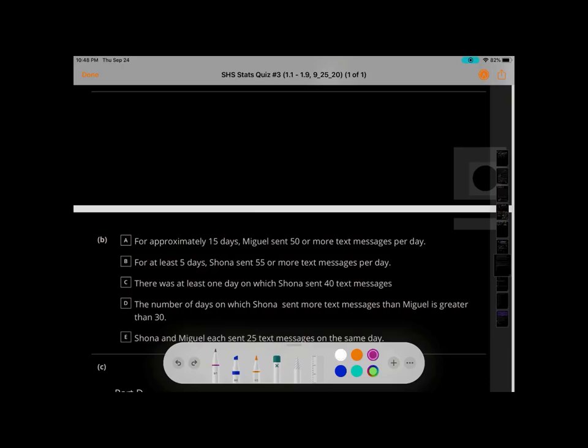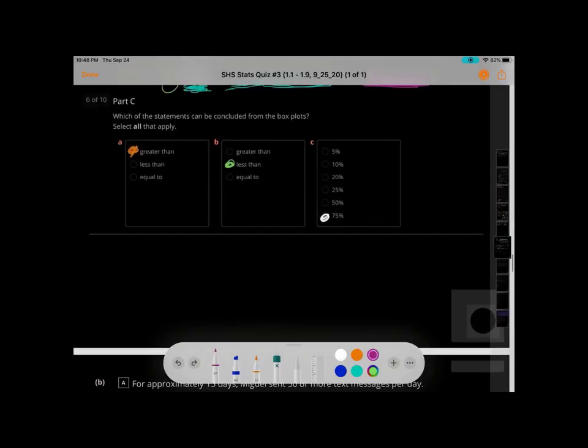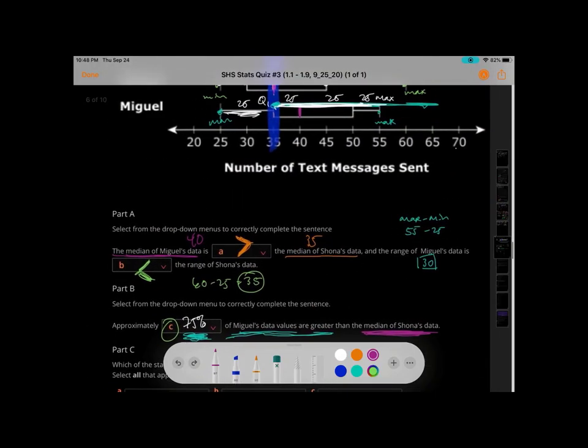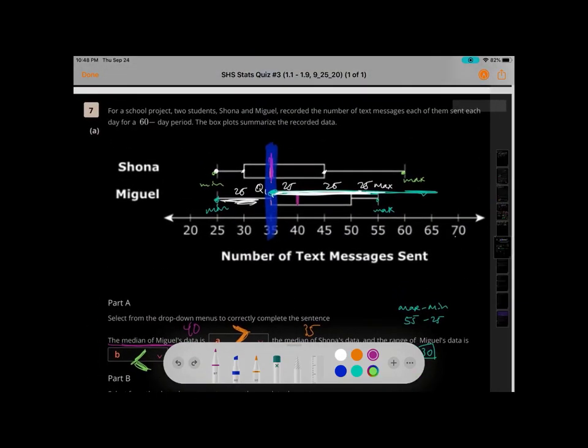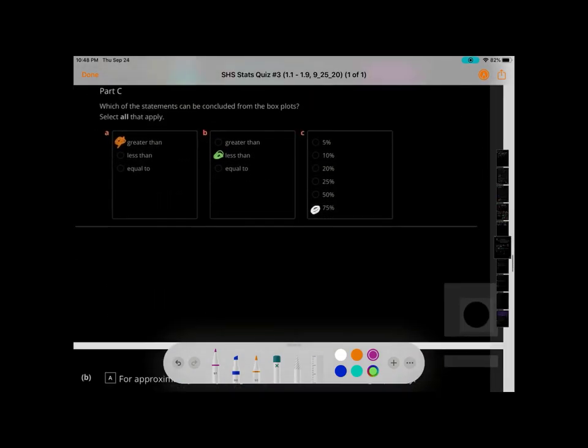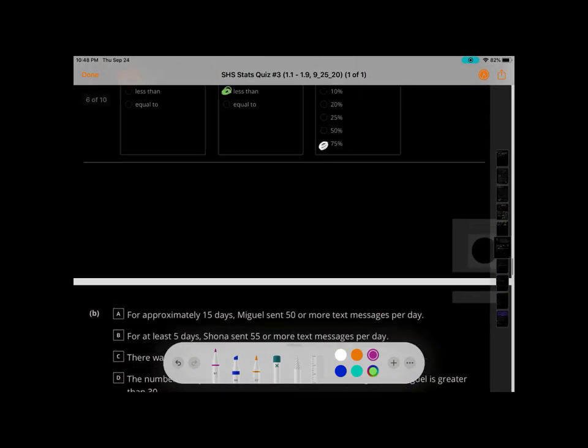So let's go to Miguel and look at 50 text messages. 50, Miguel, 50. It's getting kind of crazy. Let's erase all this stuff. What was the question? Approximately 15 days.